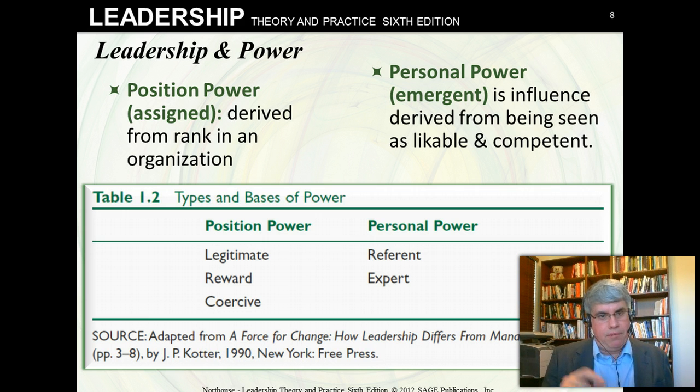So if you want to have greater influence on people, you want to focus on developing personal power, becoming likable and competent, because those can be changed very easily and can depend quite a bit on your own behaviors that you're in control of in various contexts and in different relationships.